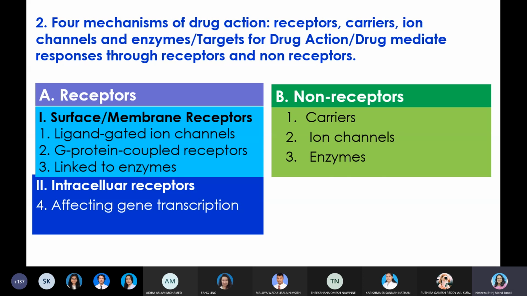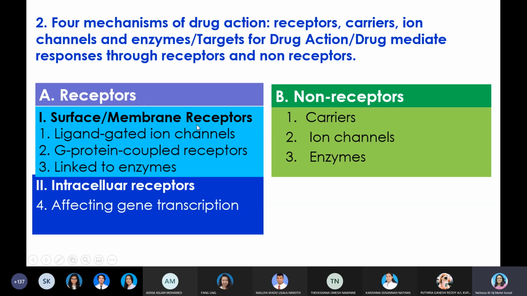We've said that before. Okay, now look at this blue panel. The blue panel is all about receptors. The blue panel has got a lighter blue panel which tells you the location of the receptor. It's at the surface or at the membrane of the cells.